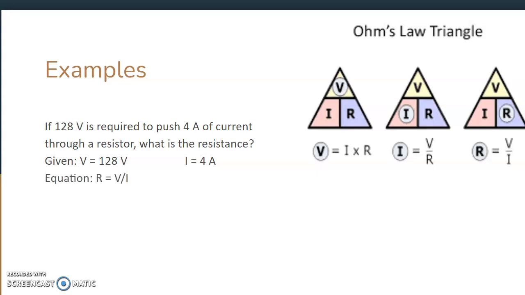Our equation is going to be our R equation, this last one, because we're asked what is the resistance. So R is equal to our voltage divided by our current. We replace V with 128 and I with 4. If we plug that into a calculator or do it by hand, we would get R is equal to 32 ohms.